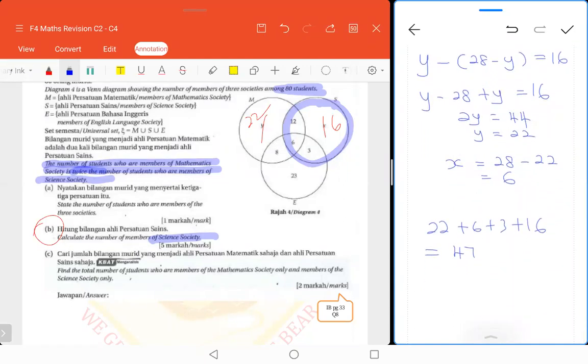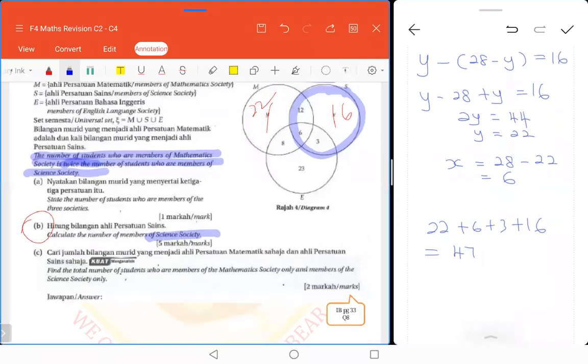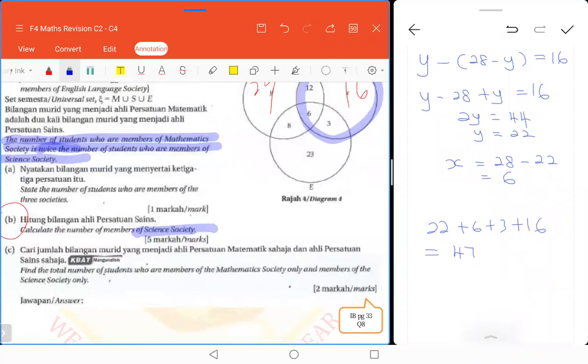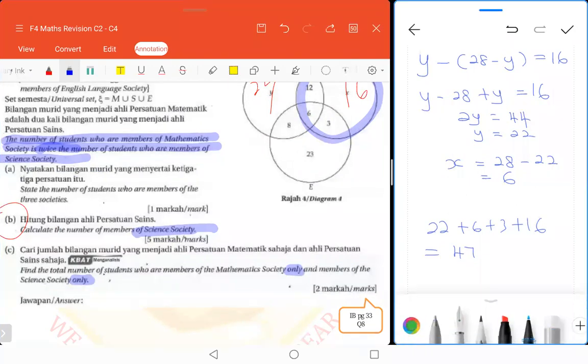Okay, last question here. Find the total number of students who are members of the Math Society only and members of the Science Society only. Only means what? It's not joining other clubs. Only Maths. So the number of students who join Math Society only.